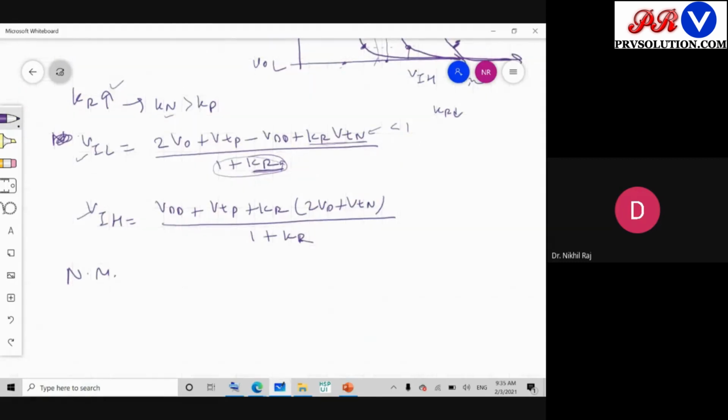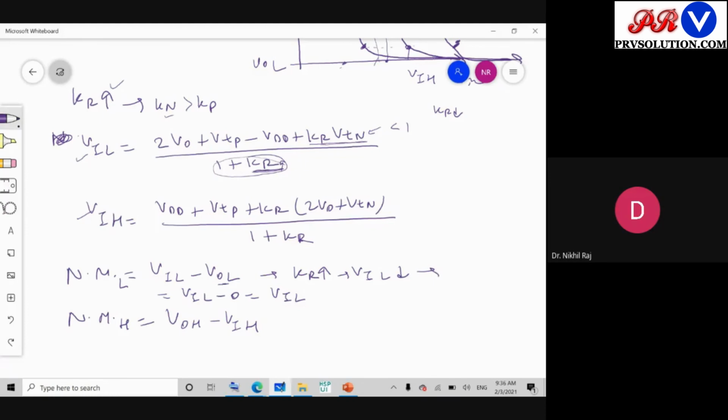If I recall my noise margin, it was given by the low noise margin and the high noise margin. The low noise margin is VIL minus VOL, and the high noise margin is VOH minus VIH. So when KR was increased, VIL was getting reduced. This is nothing but VIL minus 0, that is VIL.